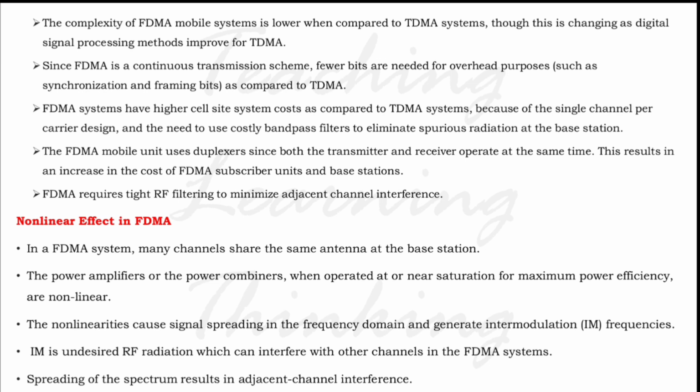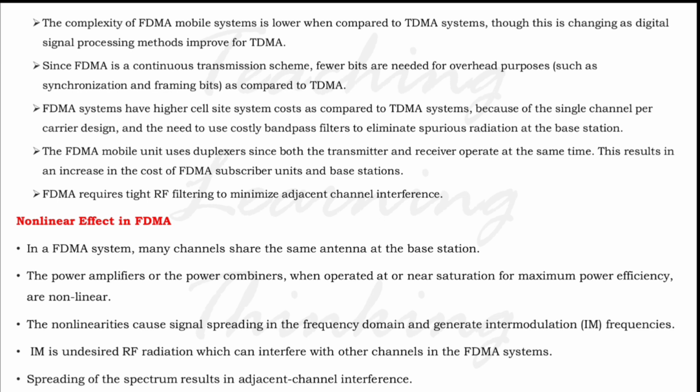And FDMA systems have higher cell site system cost as compared to TDMA system, because of the single channel per carrier design. We have said that a user can only access one individual frequency if they demand, and no other users can access that particular frequency at the same time.